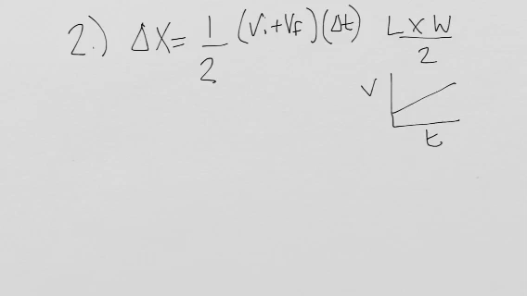Or even if, I mean, that's not a triangle, but if I undo this and then I just draw it from the origin, that's a triangle. So if I want to determine the area under the curve there, I'm going to go velocity times time divided by 2. That's where the 1/2 comes from here.